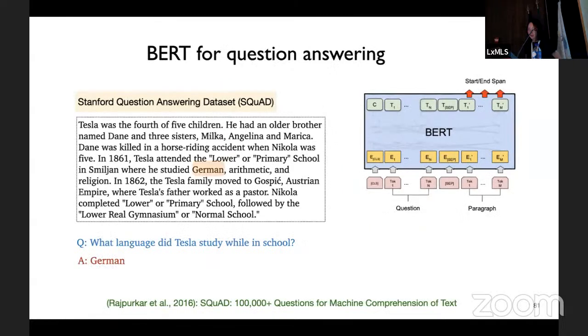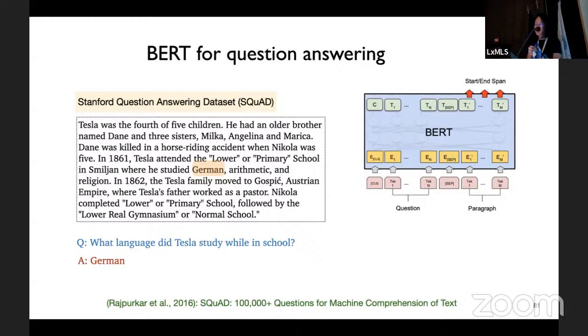And very similarly for SQuAD, the Stanford Question Answering Dataset, which has been one of the representative tasks for testing pre-trained language models, but maybe not anymore in recent developments. But at least in the BERT era, all of these models were evaluated on SQuAD and many other tasks.